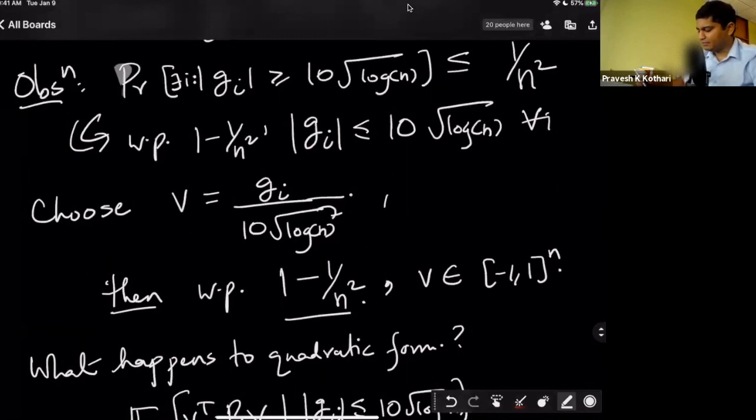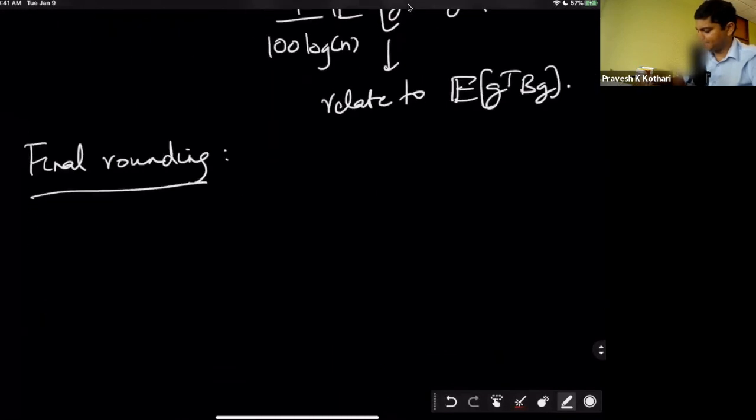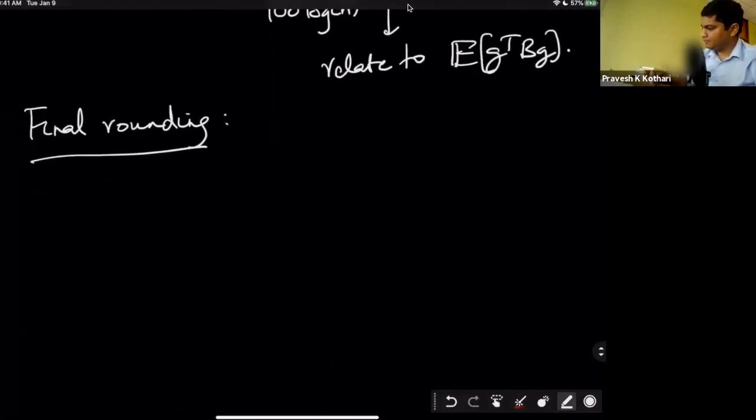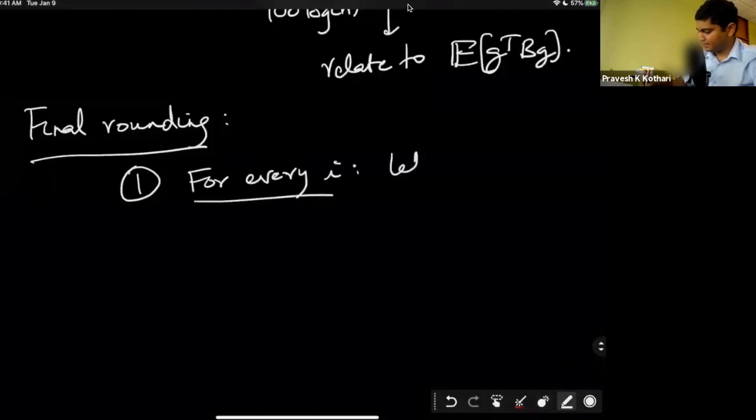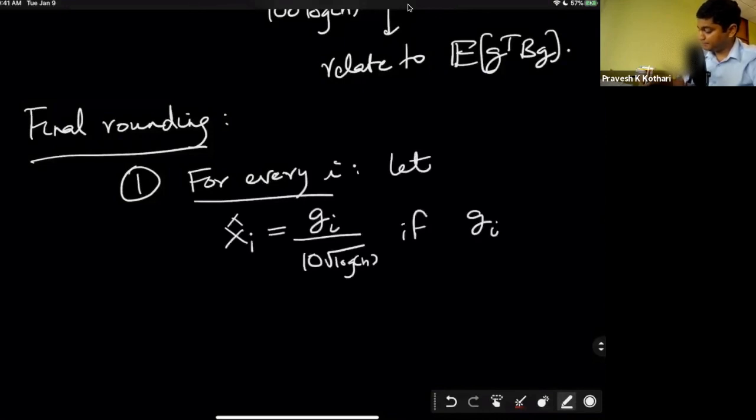One way to analyze what happens in expectation is to give a rounding that always produces a vector in plus minus 1 to the n, with probability 1 instead of only 1 minus 1 over n squared. So for every i, let x hat i equal G_i over 10 root log n if G_i is small.